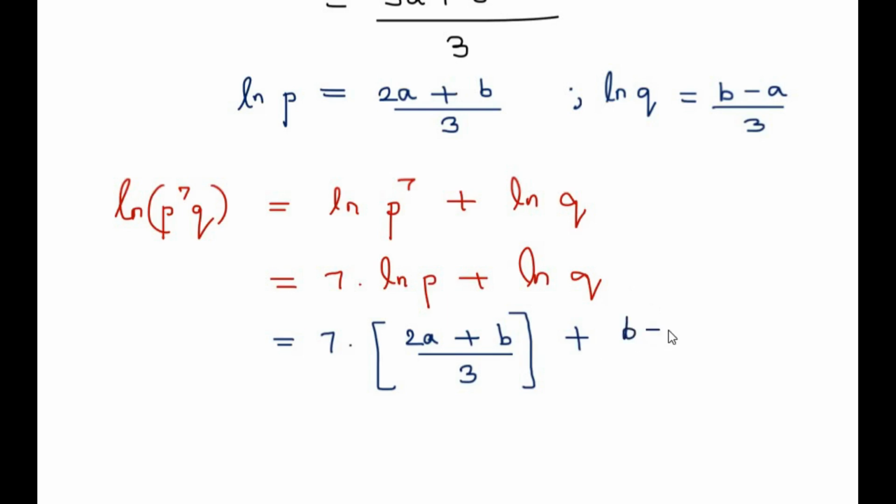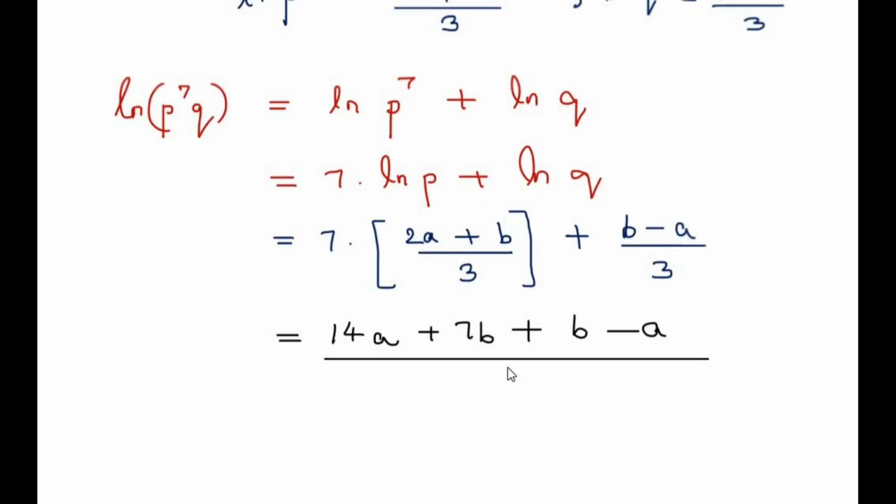Now in these two terms, we can see that the denominator is same. Both are having a denominator of 3. So we are going to expand this bracket first and then going to add the numerators. So here let us first expand the bracket. That is 7 multiplies with 2a giving us 14a and 7 multiplies with b giving us plus 7b, plus b minus a, writing the second term.